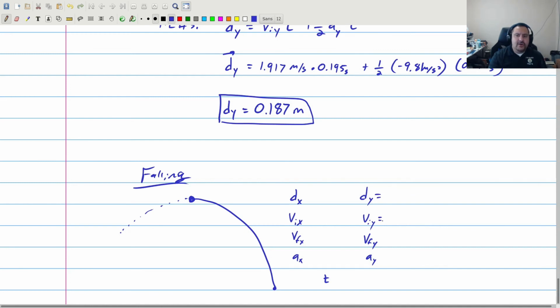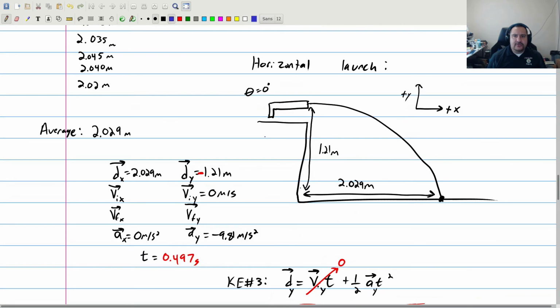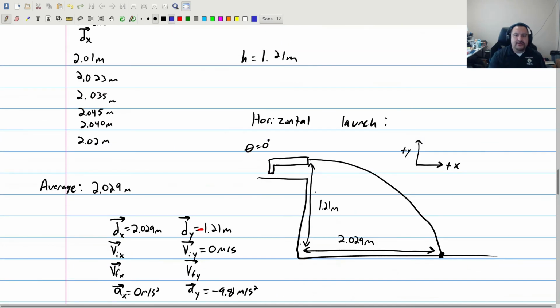So I know that my distance in the y direction is 0.187 meters higher than the counter. So we need to add the counter's height in as well. We had that way back up here somewhere. It was 1.21 meters.